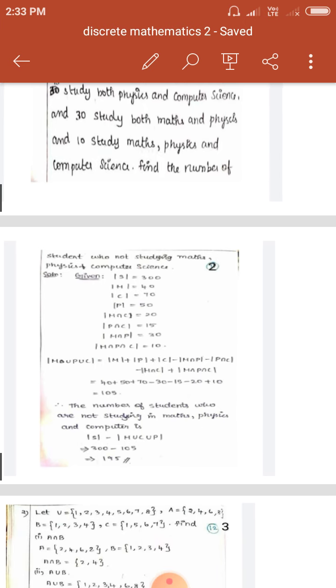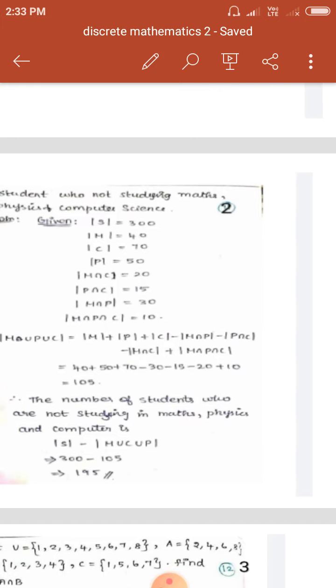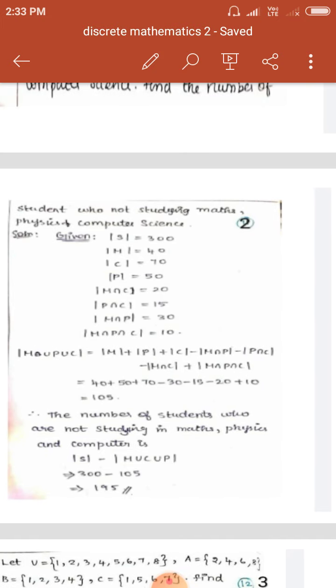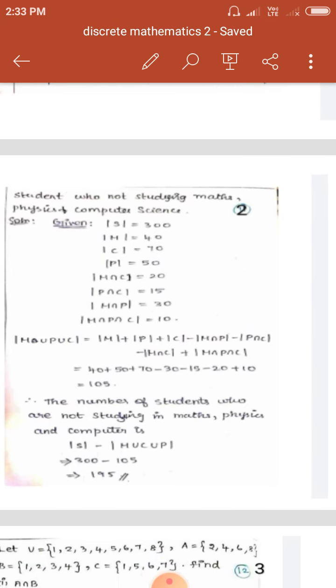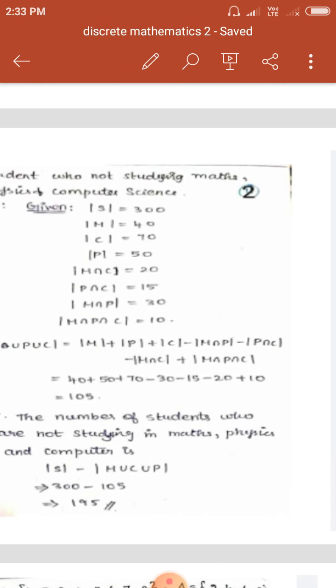See the solution. First write the given data. The total number of students is 300. Cardinality of M is 40, C, computer science, is 70, and P, physics, is 50.